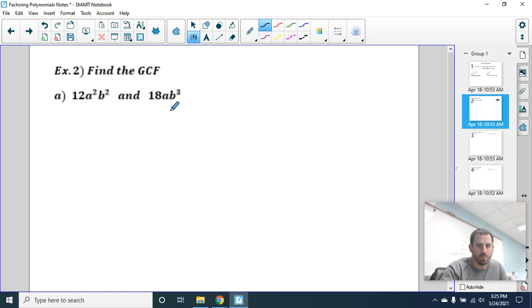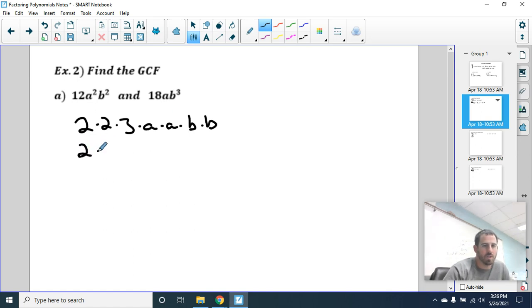We're going to break them both down. 12 can be broken down to 2 times 6, and 6 is 2 times 3, and then times A times B times B. If you need to, write the numbers off to the side first, that's fine. Then we do the same thing for the second term: 2 times 3 times 3 times A times B times B times B.